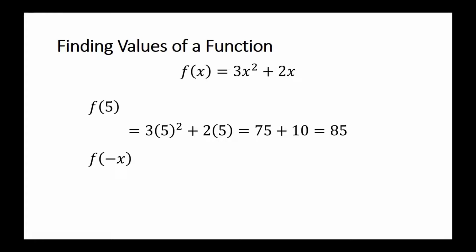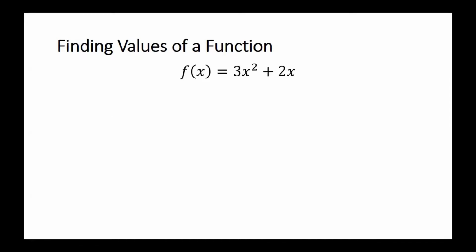Or I could do f of negative x. I could substitute negative x in, which means anywhere I have x in the function, I'm going to put a negative x. So 3 times negative x squared plus 2 times negative x. If we square a negative, it becomes positive, so we end up with 3x squared minus 2x. Well, what if I put an expression in there, like x minus 3?